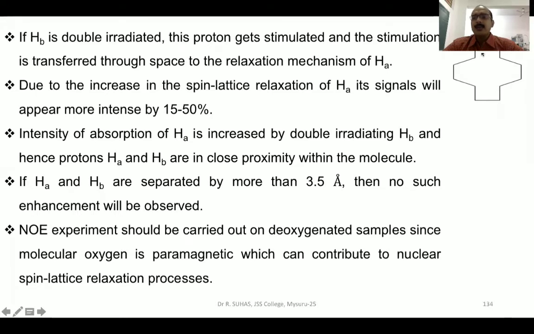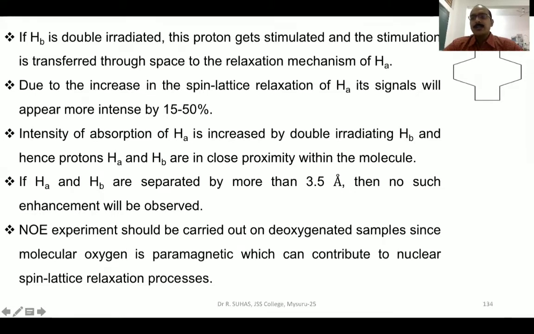Or I can do it this way also. I will keep HB constant and double irradiate HA. Because of the extra energy, this proton gets stimulated, and the stimulation is passed through space to the relaxation mechanism of HB. Now the intensity of the signal of HB is greatly enhanced, so I can say that HA and HB are close to each other.